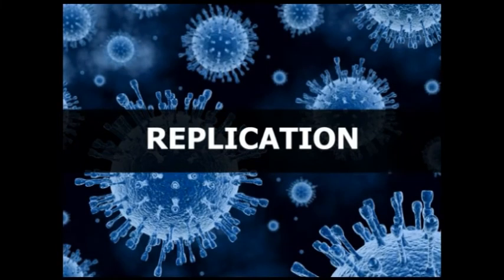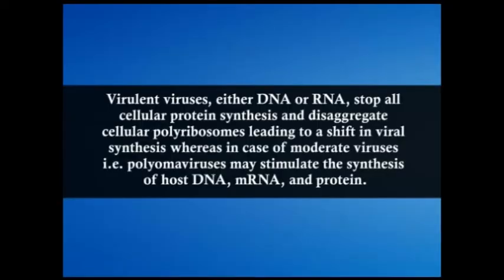Now is replication. The next step is replication, and it depends on the viral genome. Virulent viruses, either DNA or RNA viruses, stop all cellular protein synthesis and disaggregate cellular polyribosomes, which leads to a shift to viral synthesis, whereas moderate viruses, that is the polyoma viruses, may stimulate the synthesis of host DNA, messenger RNA, that is the mRNA, and protein.